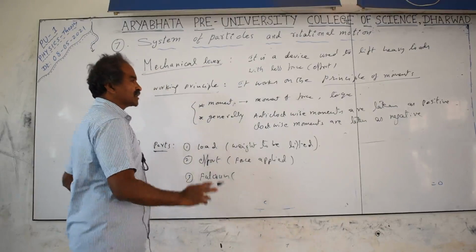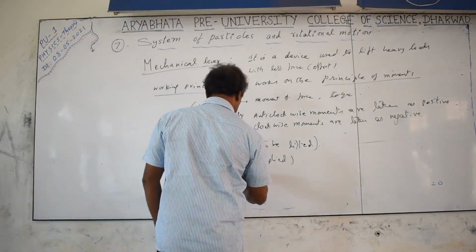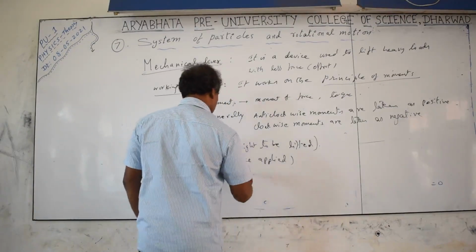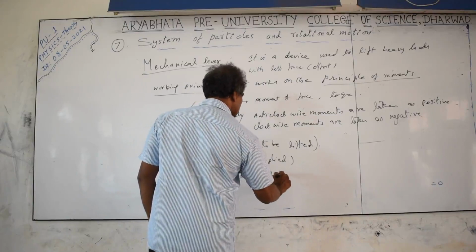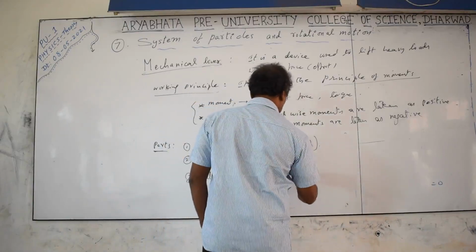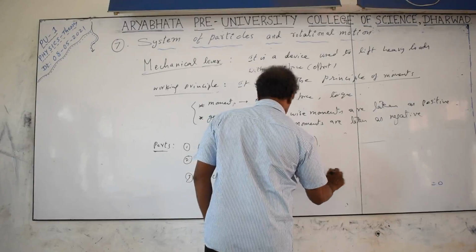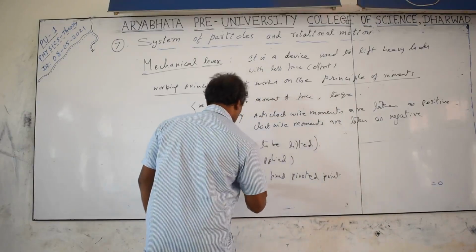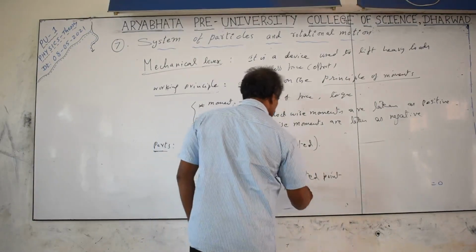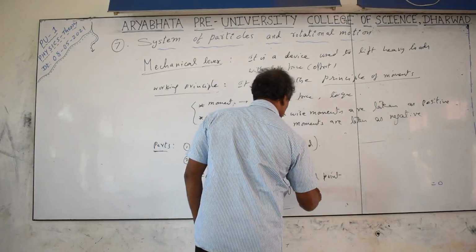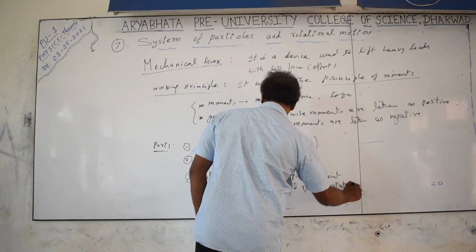Fulcrum is a fixed pivoted point about which a rigid light rod can rotate freely.